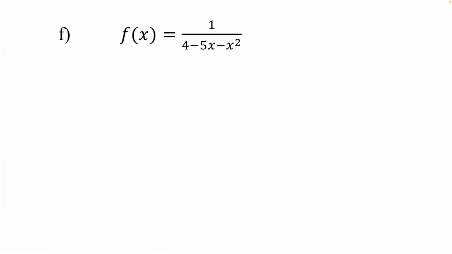The only time I use the quotient rule is when I have an actual function on top. Since I don't, let me just move it up to the top. So we're going to get 1 times 4 minus 5x minus x squared, and that's -1 power.